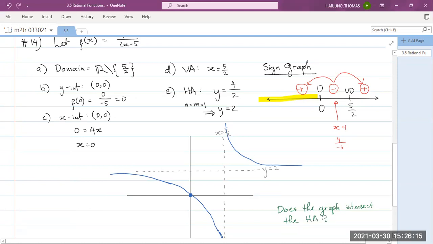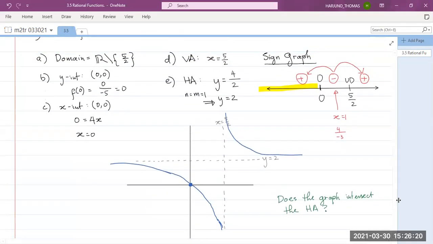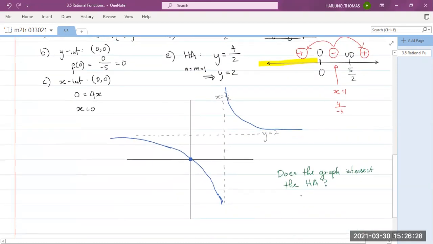How do we check if the graph intersects the horizontal asymptote? Then set the function equal to the horizontal asymptote. Okay, now we have the function 4x over 2x minus 5, set that equal to the horizontal asymptote, which is 2. Okay, and then solve for x.